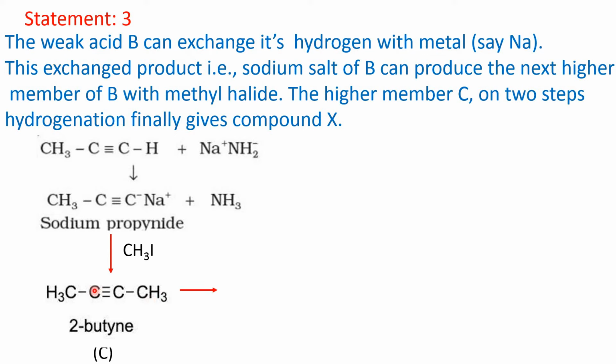Now, this 2-butyne, that is a triple bonded compound, undergoes reduction or hydrogenation. First it is converted to an alkene. Here it is 2-butene.